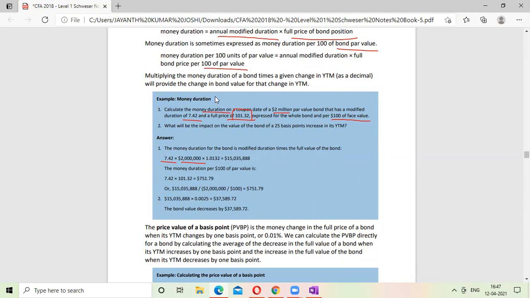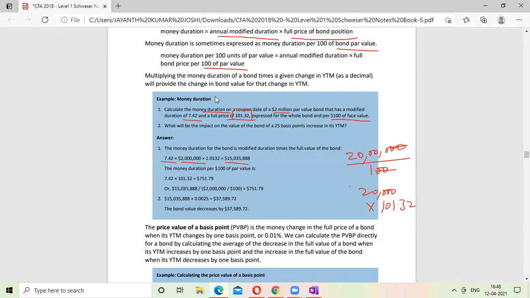That means we are taking 101.32 divided by $100 denominated bonds. So if you want to see the bond position, either you do one thing, divide 2 million by 100 and take 20,000 times 101.32. If you do, you get the same thing.